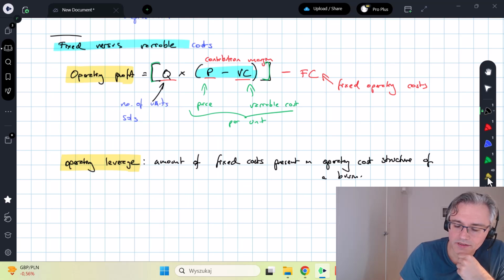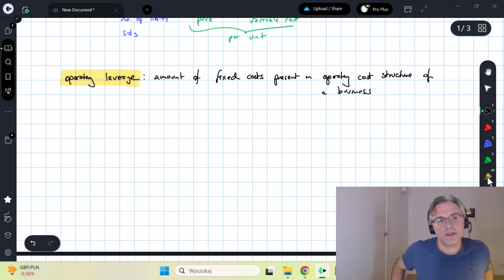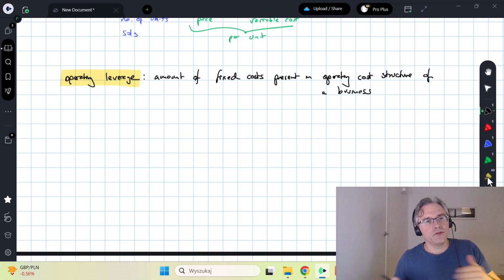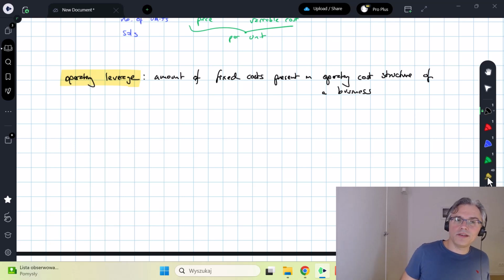When you run a business, you can make a conscious decision about to what extent you want to rely on variable costs, for example, hired employees on a temporary basis via some agency, versus fixed contract employees that are with you, rented out facilities versus your own. And the more you decide to have on a fixed basis, the more operating leverage you'll have.